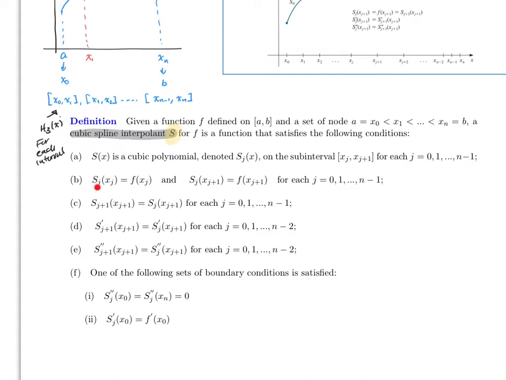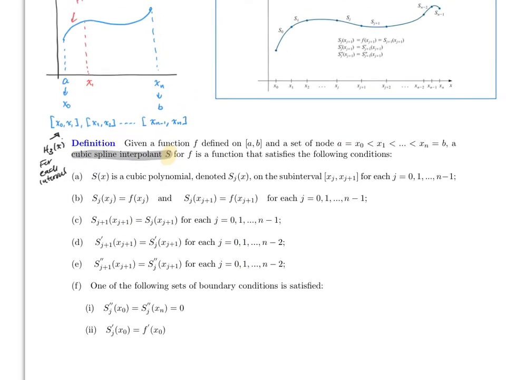Then the value of the j polynomial has to match the value of the function at the endpoint. So at this point, they had to match with the function. Also, the previous polynomial has to match with the next polynomial at that point. In other words, that will make the function continuous.